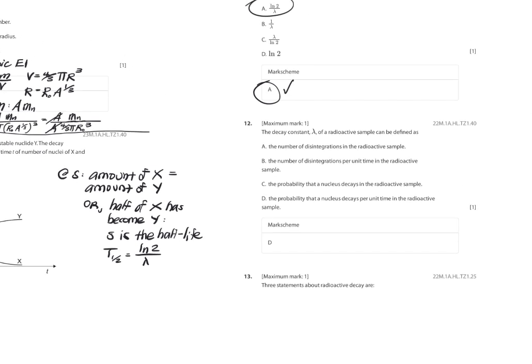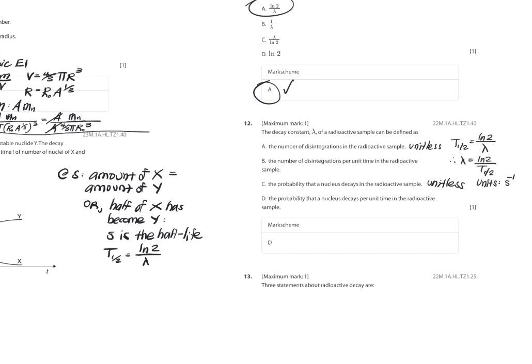Next question. So for number 12, talking about the decay constant, we know that the answer is not A or C because a number or a probability has no units, and we know that the time for half of the sample to disintegrate, the half-life, is natural log of 2 over the decay constant.